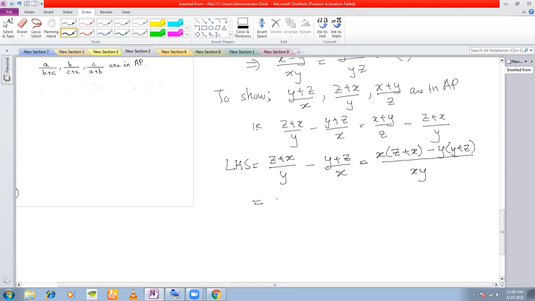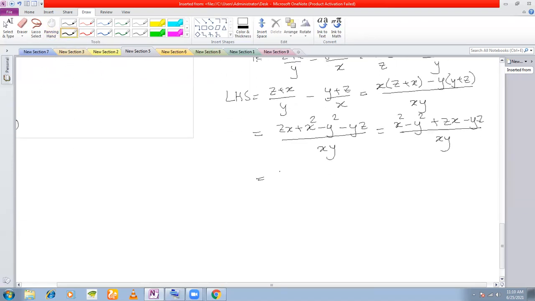You simplify the numerator, we'll have zx plus x square minus y square minus yz divided by xy. Right? You take the x square and the y square together, x square minus y square, and zx and yz you take together, divided by xy.